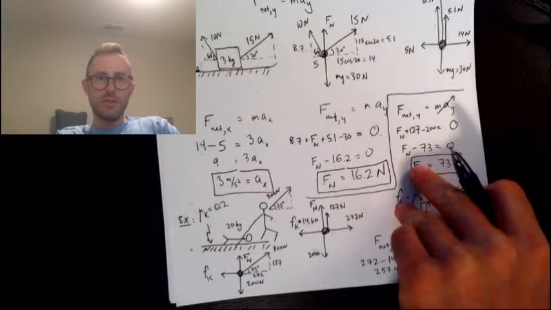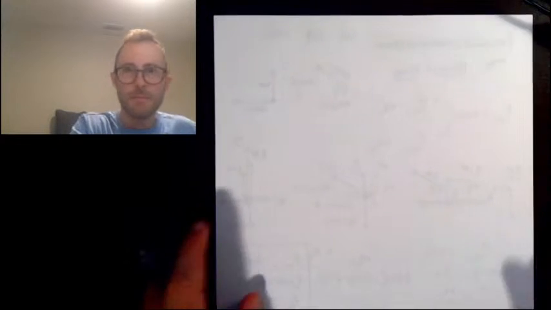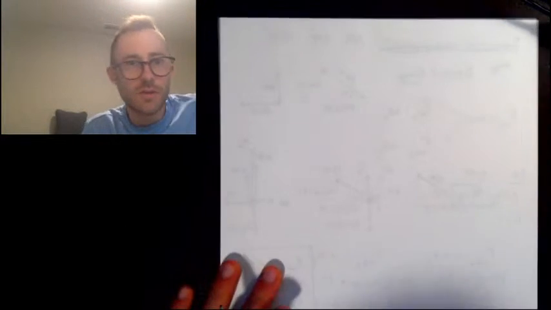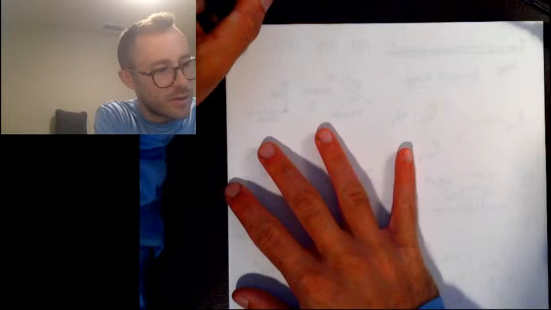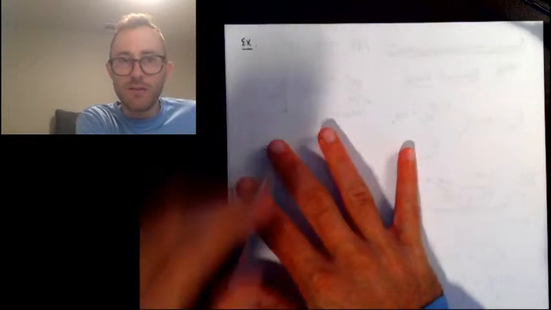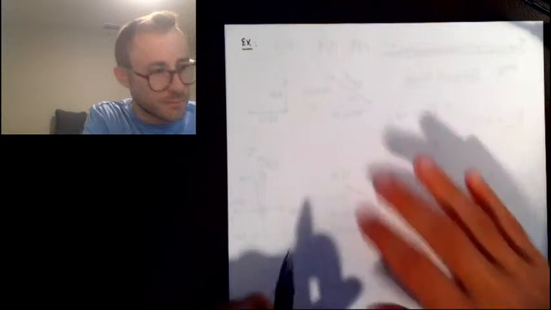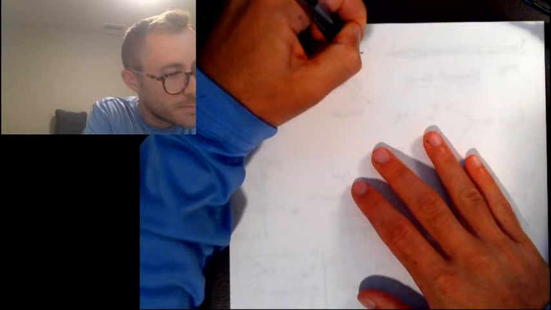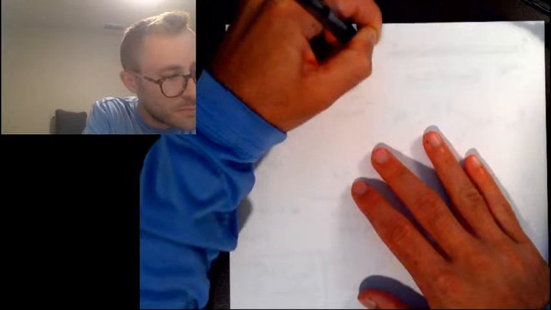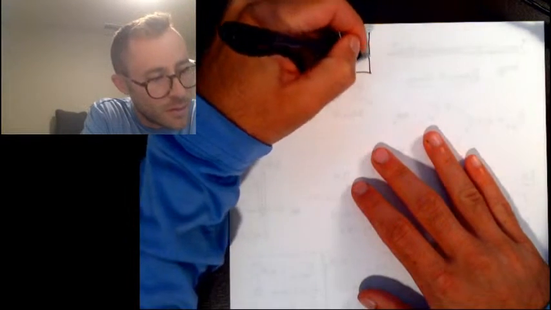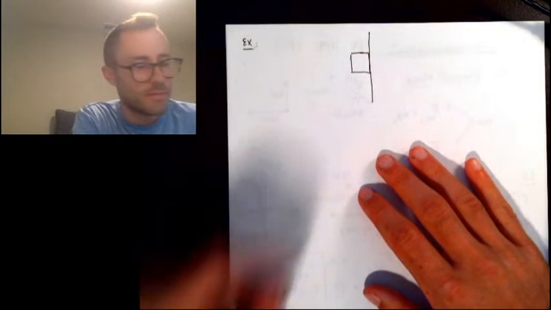We're going to do probably 2 more examples, I think. All right. The next example is going to have a wall, as opposed to a floor.